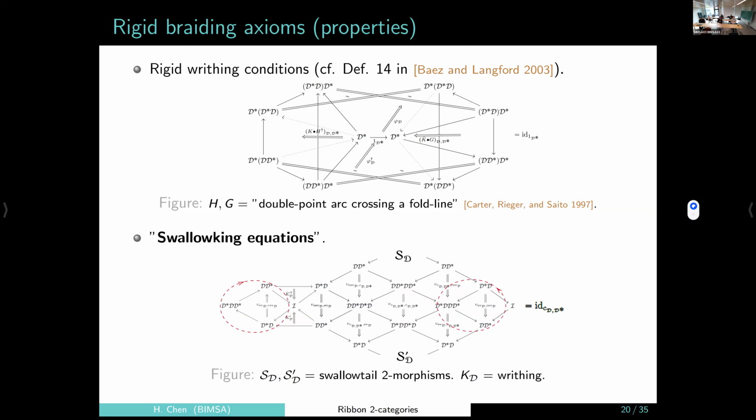And my condition is that the big thing that I wrap around is the identity. So I call this the swallow case because it essentially entangles the two swallowtail morphisms together. But there's a funny name. Yeah, these are the types of diagrams that you need to check commute when you say that you have a braided ribbon tensor to them.